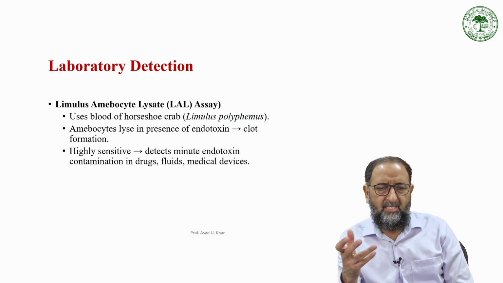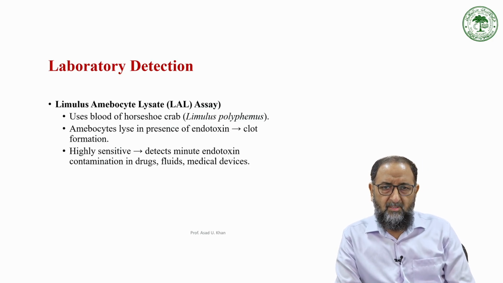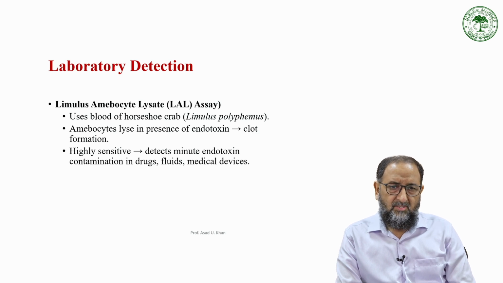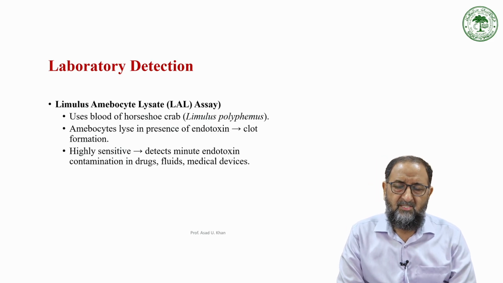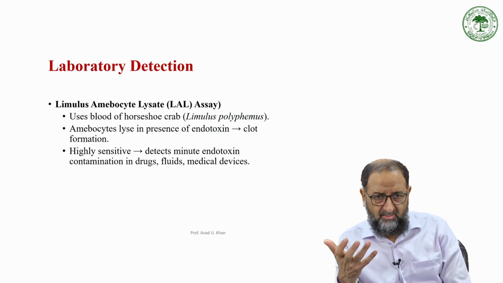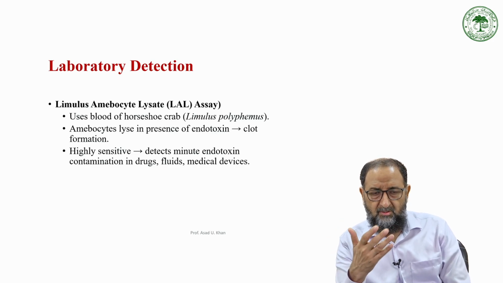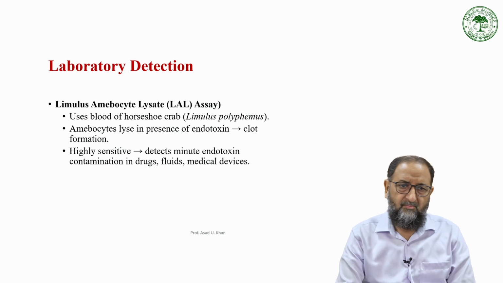This is a simple laboratory assay where we can detect the kind of infection in the blood, in the urine, and other samples. It uses the blood of a horseshoe crab, Limulus polyphemus, and this amoebocyte lysate, in the presence of endotoxin, forms a clot. So this is the test where the endotoxin shows its effect through the amoebocyte lysate from the horseshoe crab.